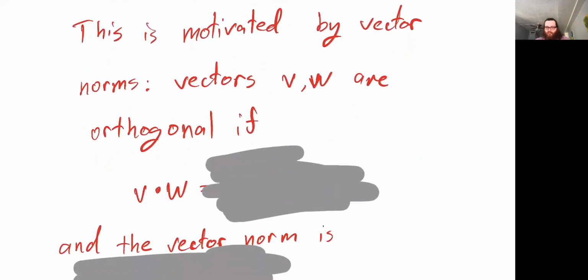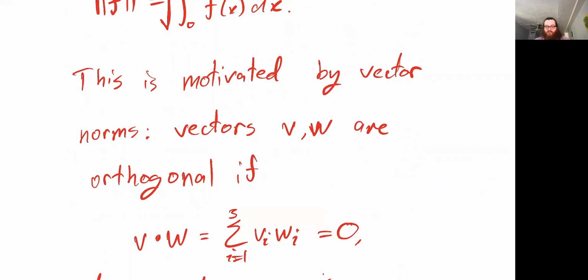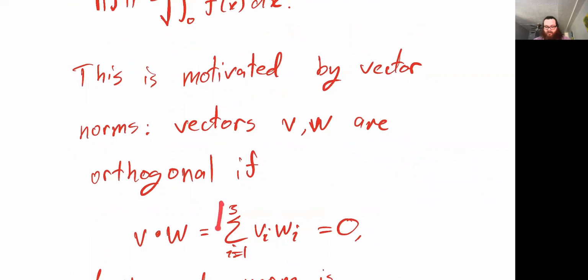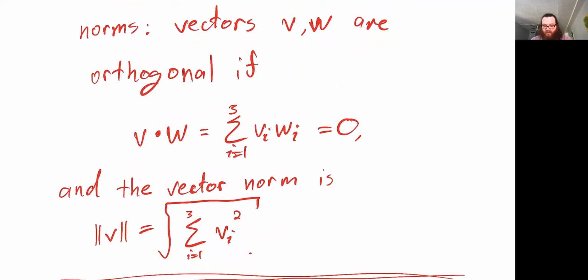Generally we say two vectors are orthogonal if their dot product, which for three-dimensional vectors takes this form, is 0. You take the x coordinate of each vector, multiply them together, add it to the y coordinates multiplied together, plus the z coordinates multiplied together. And their vector norm is just the square root of v dotted with itself.